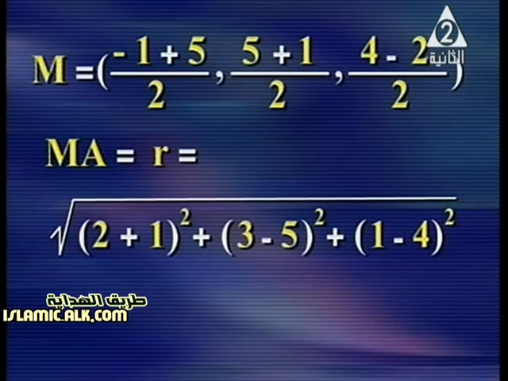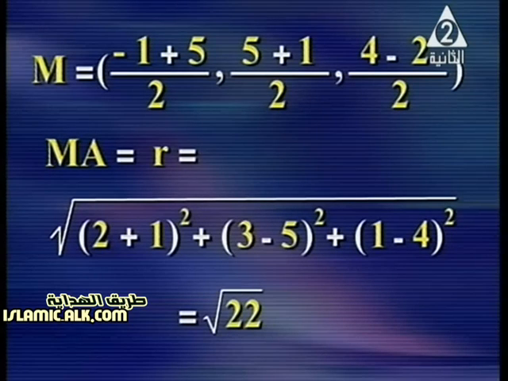Yes, the square root of ((x1 minus x2) squared plus (y1 minus y2) squared plus (z1 minus z2) squared) equals what? Square root 22. At first, we find the center M by using the rule of the midpoint of AB.